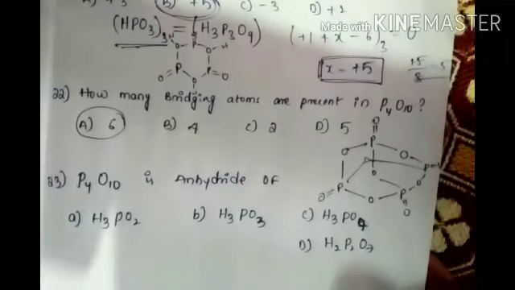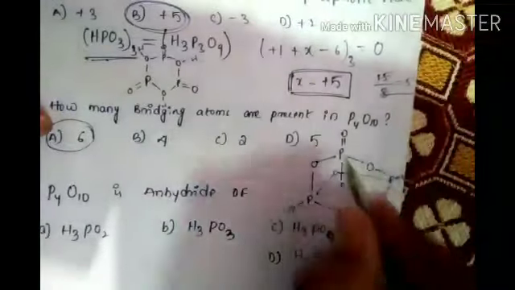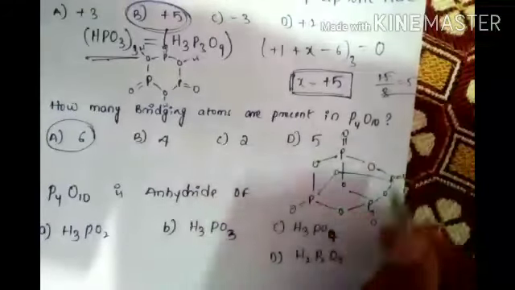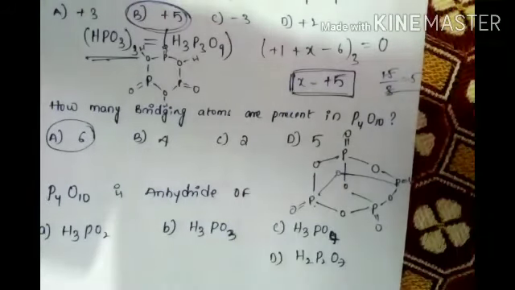6. How many bridging atoms are present in P4O10? This is the structure. 1, 2, 3, 4. 4 P's are there. 4 oxygens are bonding in the cyclic part, and the middle 2. Total 6. In this, how many oxygens are there in total?